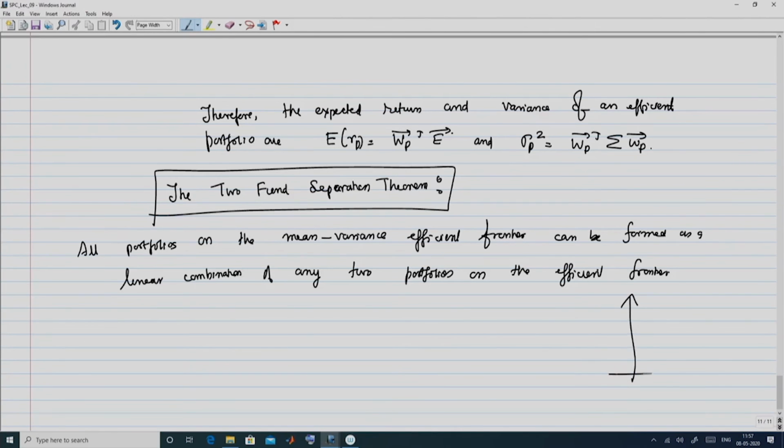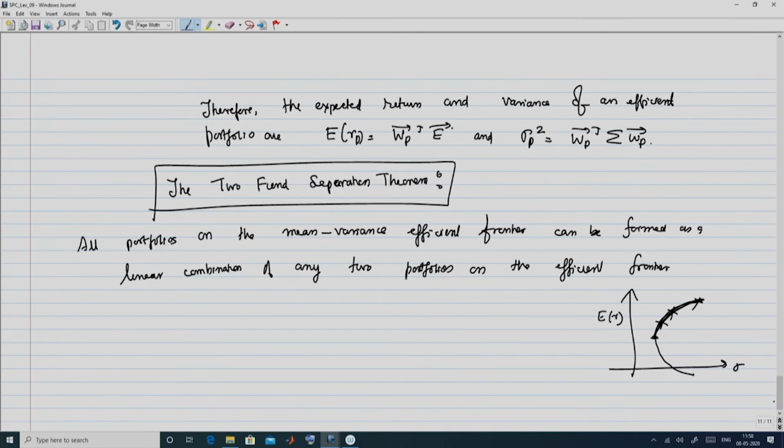So, this means that if you are looking at the sigma E R diagram and this is an efficient frontier, then this part is going to be an efficient frontier. It says that any portfolio on this efficient frontier, say this portfolio, can be written as a linear combination of any two portfolios. This means that any two portfolios on the efficient frontier are able to generate the entire efficient frontier.